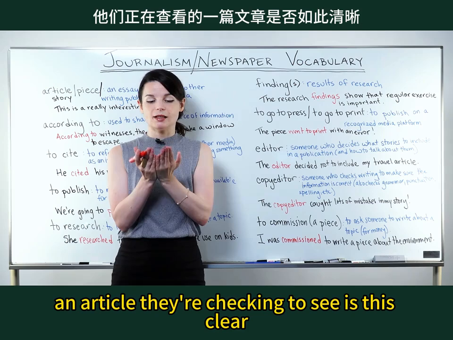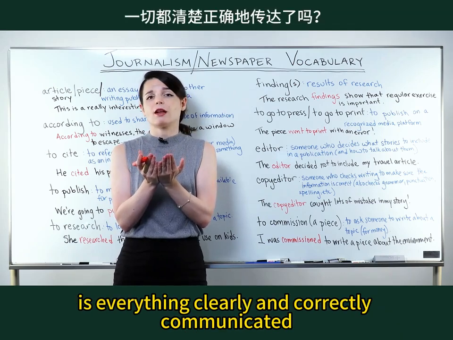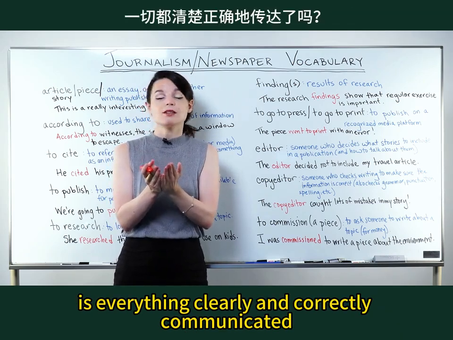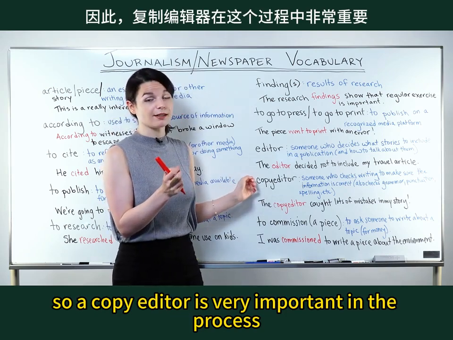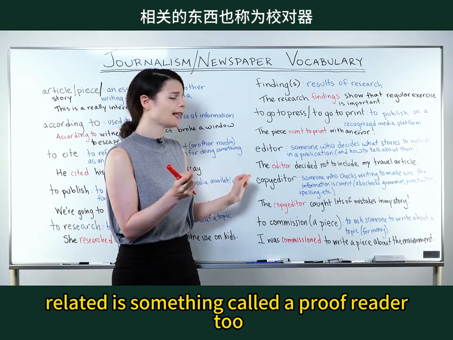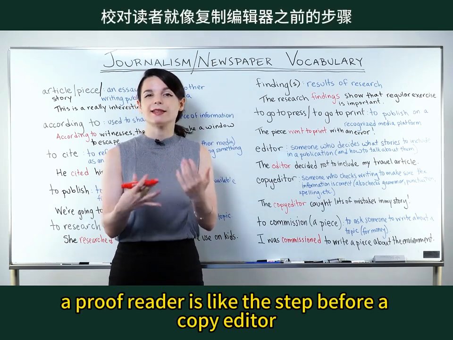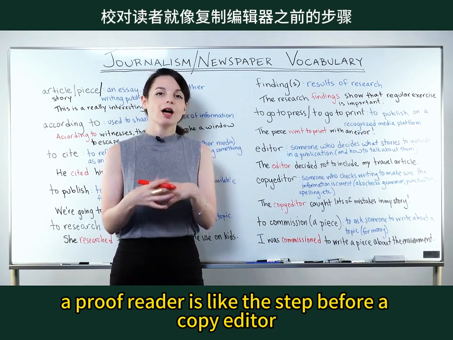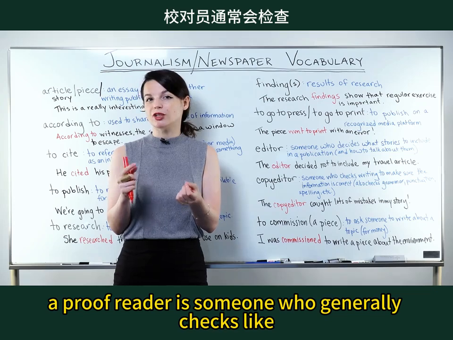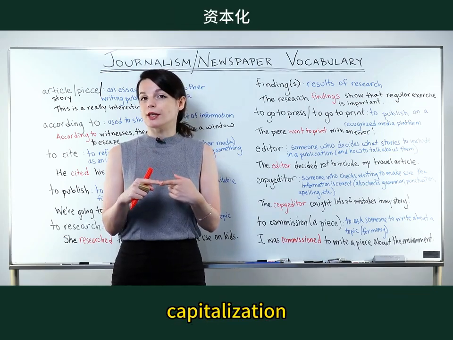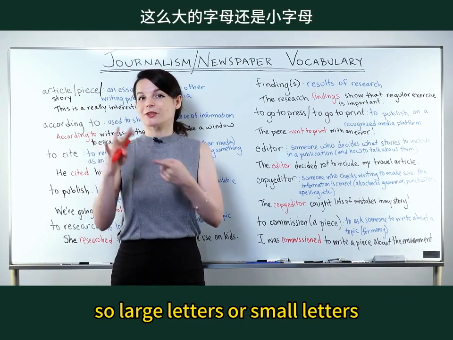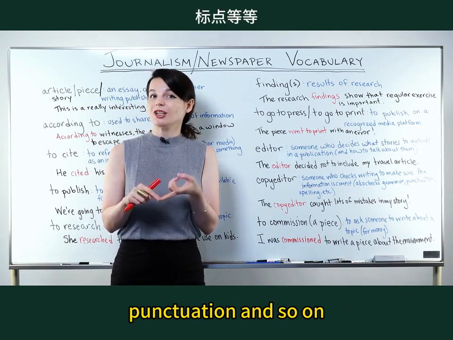They're checking to see, is this clear? Is everything clearly and correctly communicated? So a copy editor is very important in the process. Related is something called a proofreader too. So a proofreader is like the step before a copy editor. A proofreader is someone who generally checks capitalization, so large letters or small letters, punctuation, and so on.